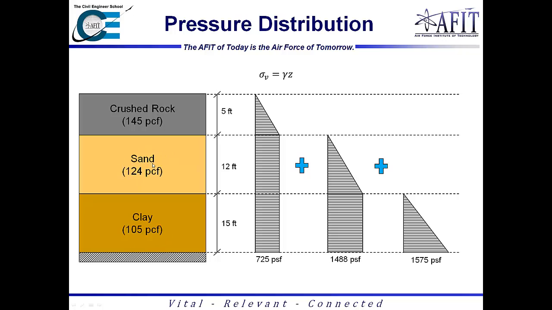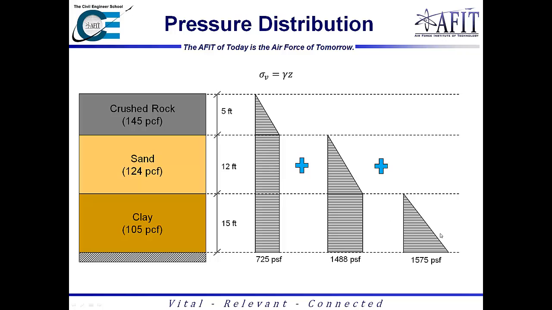Additionally, the sand layer right here is also putting pressure down here at the bottom as well. So this will be 124 pounds per cubic foot times 12, which brings us right here at 1488. And so that 1488 will continue on down to the bottom of the clay layer. And then similarly, we also have the 105 pounds per cubic foot times 15, which gives us 1575 pounds per square foot.